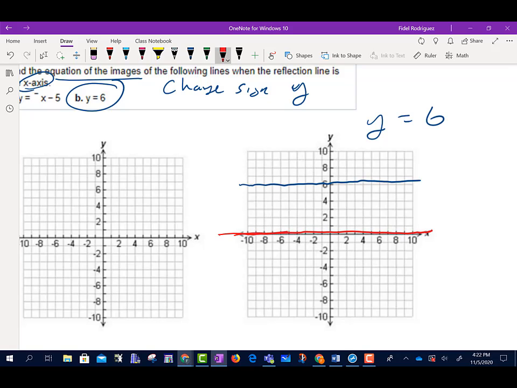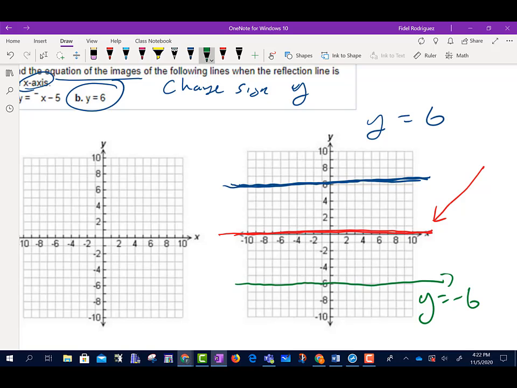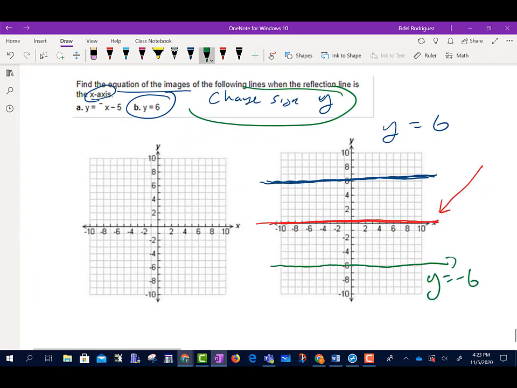If you were to think about this as a piece of paper, and you could fold that paper across that line like you're going to make a paper airplane, and if you color this in with your pencil or your pen really hard, and then you pressed when you folded it across, then that's the image we would have. And the line here would be y equals -6. What did we do? We changed the sign of the y. We changed the sign of the y.